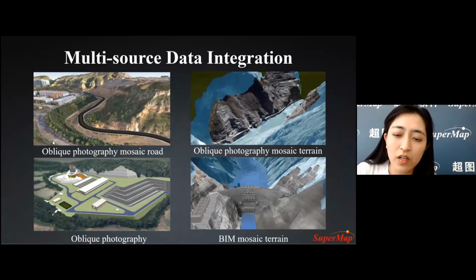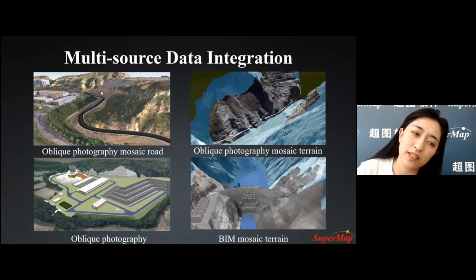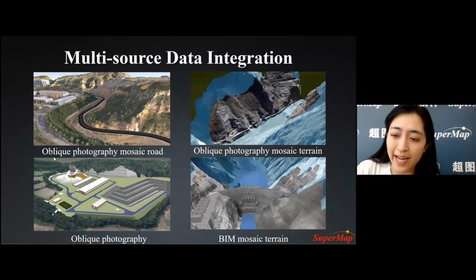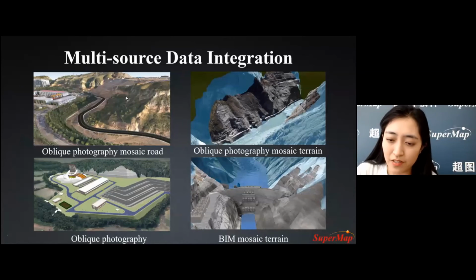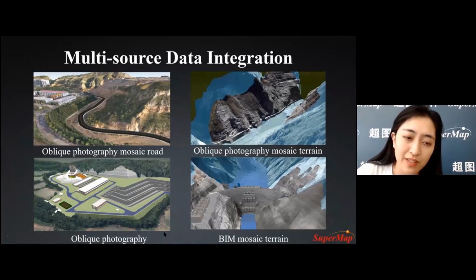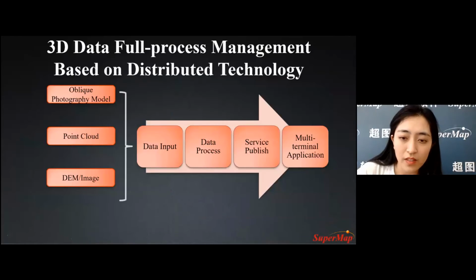For example, in the picture, the BIM model of the hydropower station is integrated with the 3D terrain data to provide the hydropower enterprise with data support during the construction, operation, and management stage.